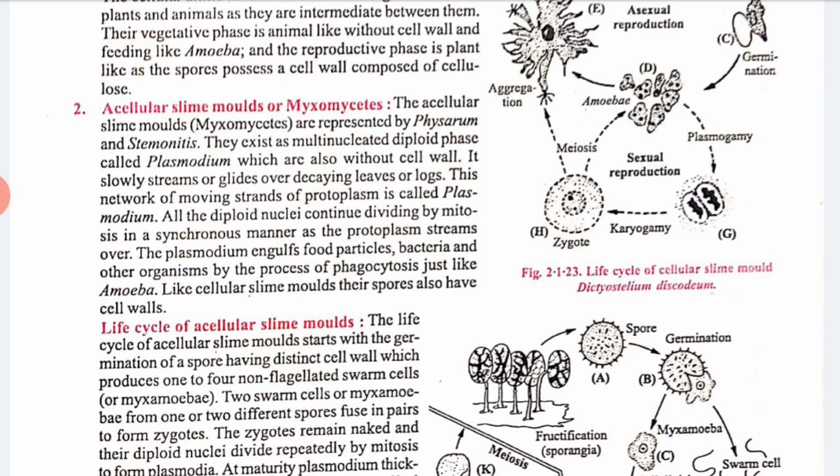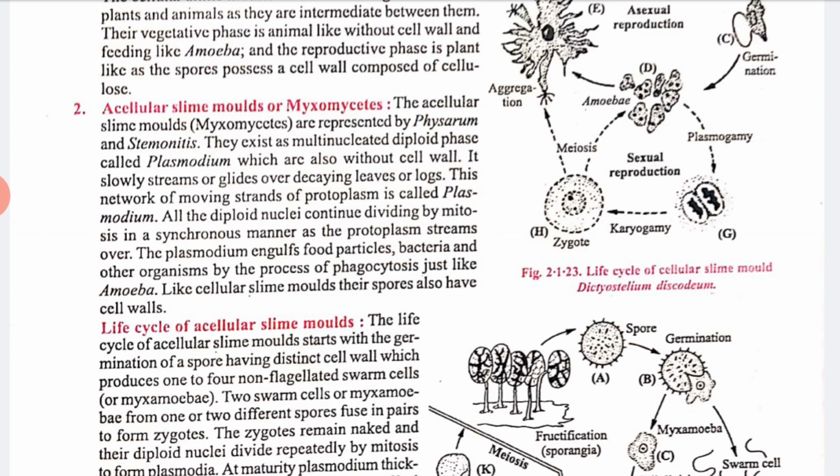Now let us talk about the acellular slime mold. The acellular slime molds are represented by Physarum and Stemonitis. All the diploid nuclei continue dividing by mitosis in a synchronous manner as the protoplasm streams over.